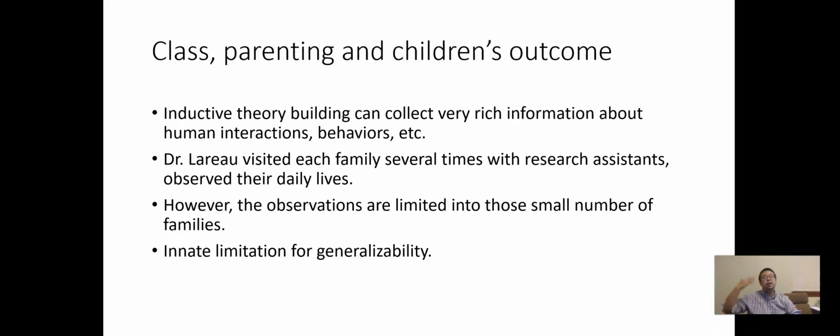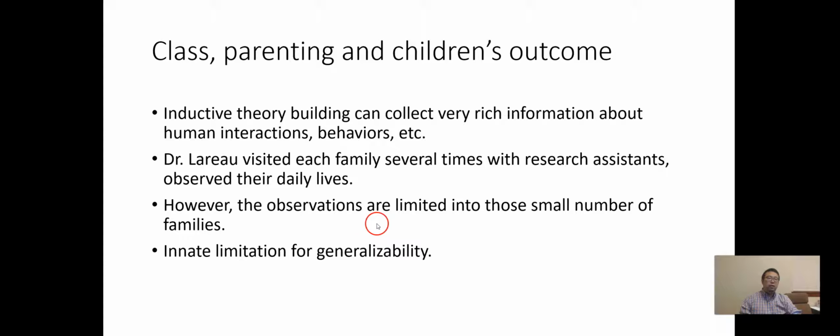But in this qualitative method, starting from observation, it is a very rich, very good method to find qualified information. But still, based on the limitation of time and money, they cannot make observations of 10 million families. So they just stopped at some 20 or 30 families.